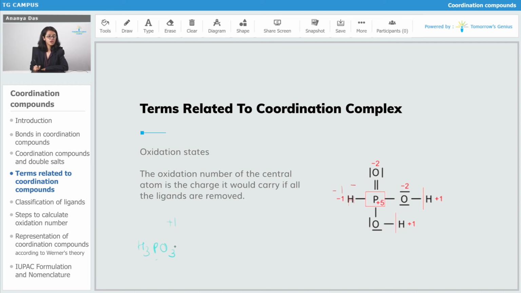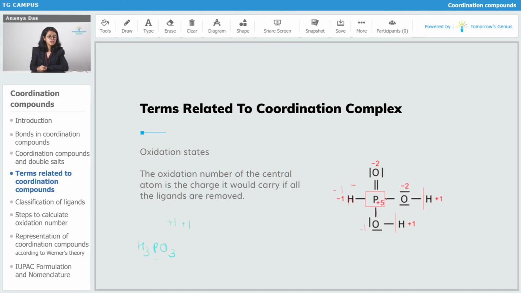Now phosphorus has a single bond with an oxygen atom too. The oxygen atom here will take away 1 electron, because again oxygen is more electronegative than phosphorus. So the oxygen atom will have a charge of -1, which will give the phosphorus a charge of +1.